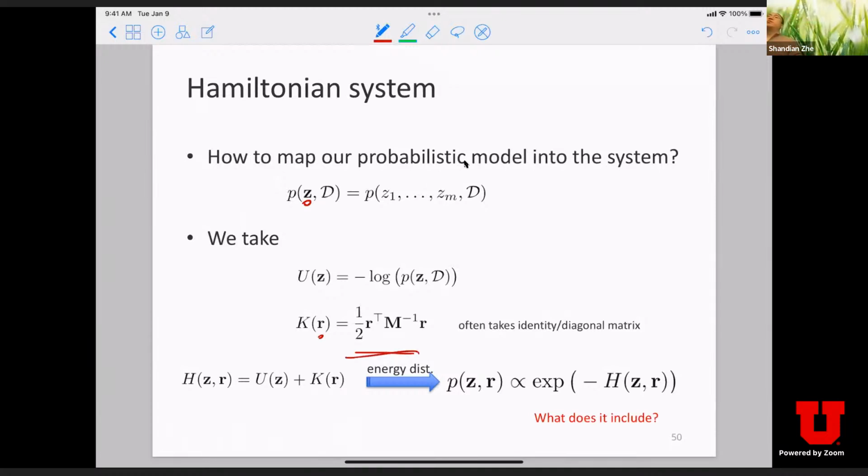You can use whatever form you feel comfortable with, but the often-used kinetic energy is just this quadratic form. Because we introduced two random variables, one is z, from our original probabilistic model, and the other is the momentum variable, coming from another independent distribution, we essentially introduce an additional random variable r. We can construct their joint probability. What's their joint probability?